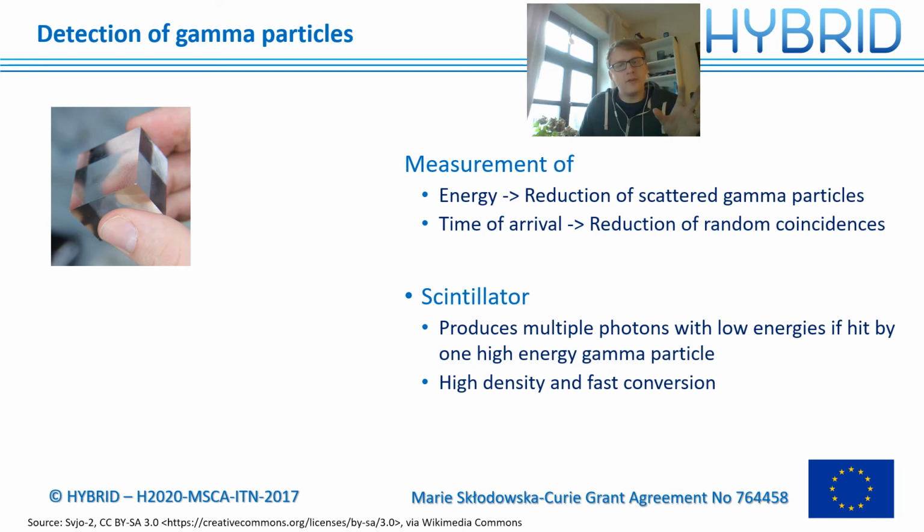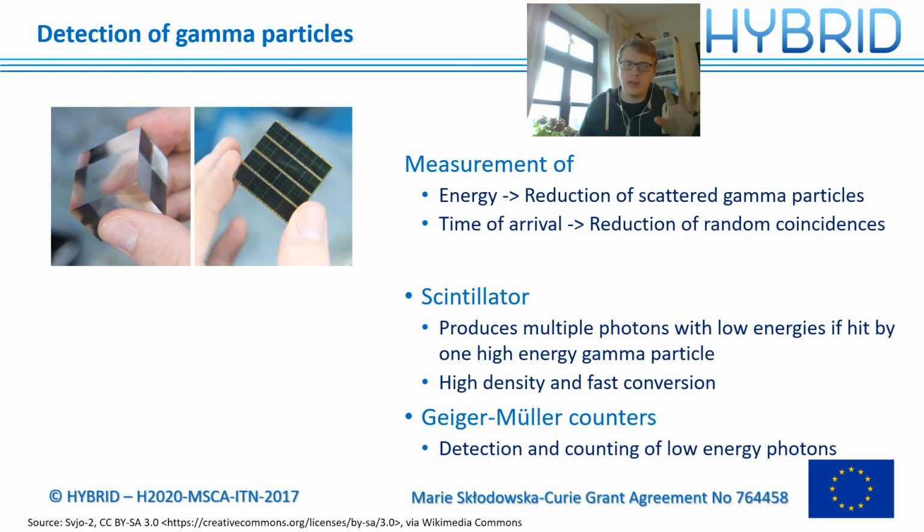If a gamma particle with 511 keV hits those crystals, you would assume that there would be around 10,000 optical photons. And we can measure those using Geiger-Müller counters. So this is a small piece of electronics basically incorporating 50,000 Geiger-Müller counters. The size is like 3 times 3 centimeters, but it is full of Geiger-Müller detectors.